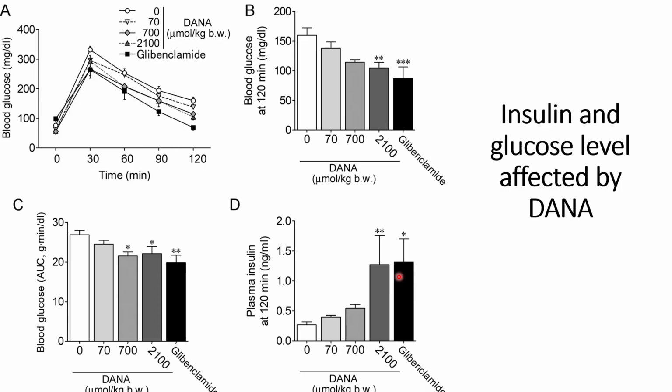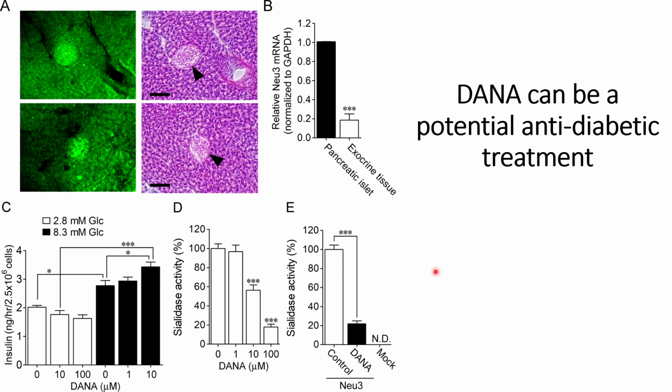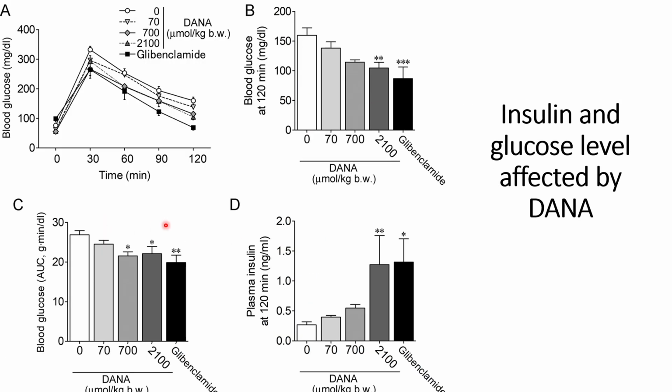DANA will only work when there is already some amount of insulin secretion, and that in normal conditions occurs whenever the glucose level is above 8.3 millimolar concentrations.